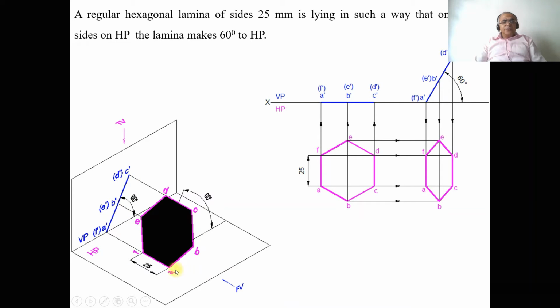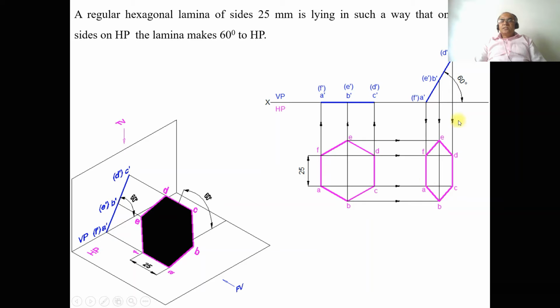That is the reason why you are getting a line in the front view. When you look from the front view, ABC is near to the observer, so A dash, B dash, C dash is visible, and DEF is away from the observer. Therefore, D dash, E dash, F dash becomes invisible. As we see in the orthographic view also, A dash F dash is on the XY line such that the surface is inclined to HP.